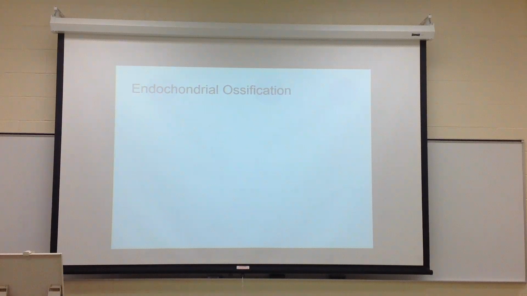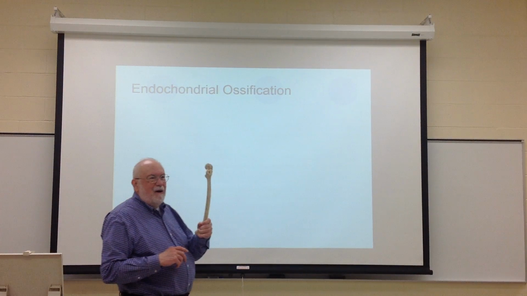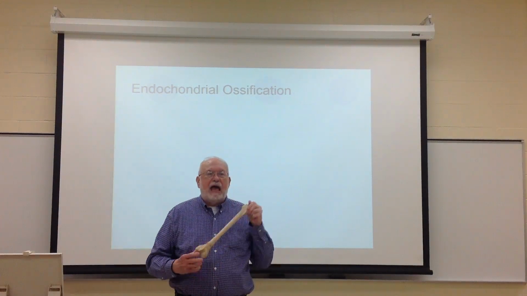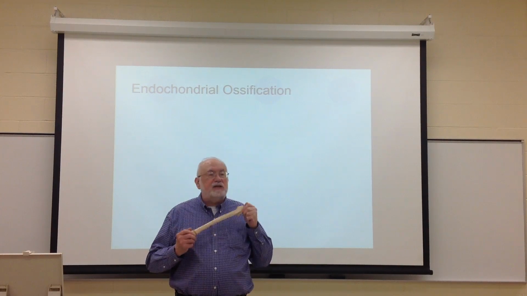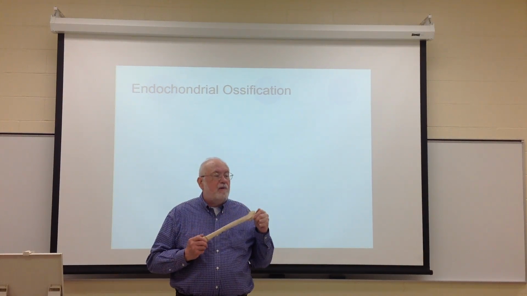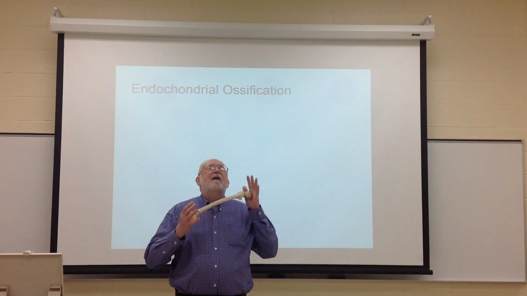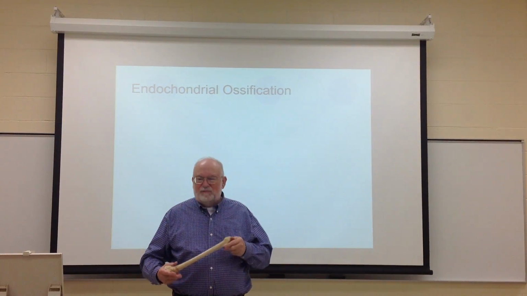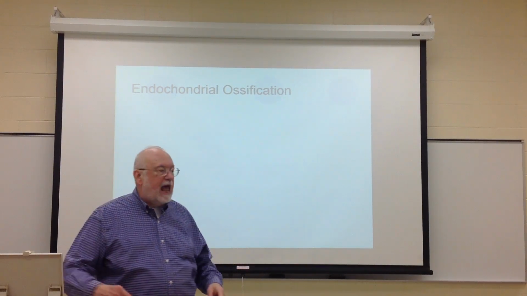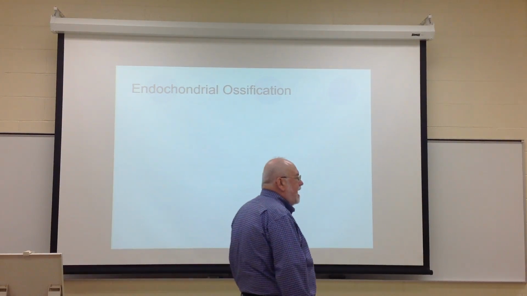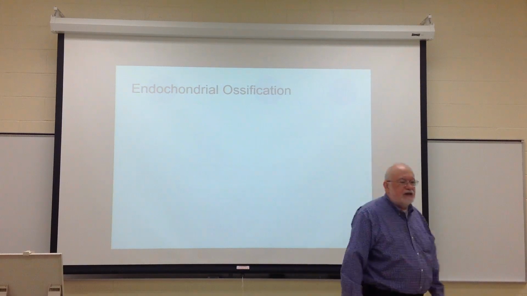All right, in fact, lo and behold, I just happen to have a femur with me. Now, that would form by way of endochondral ossification. What does it mean? It just means bone replacing cartilage. So the first thing that happens, remember, is the laying down of a cartilaginous model.